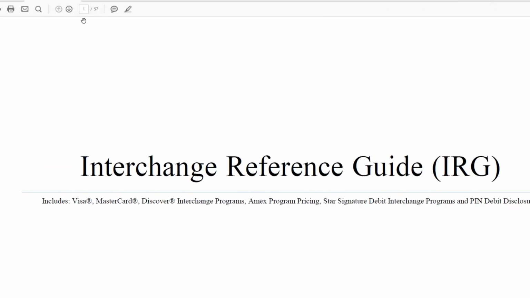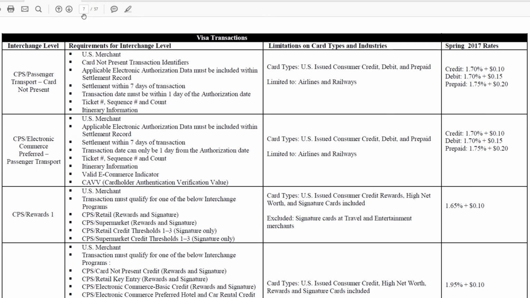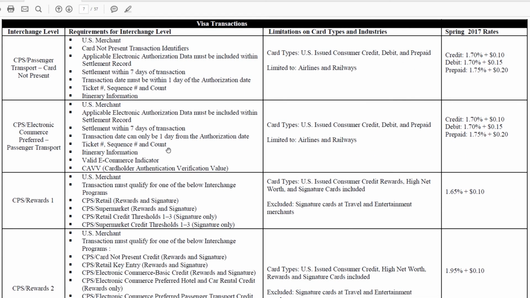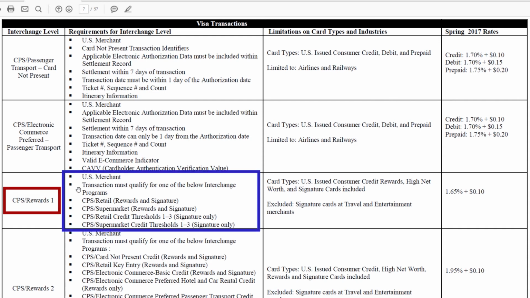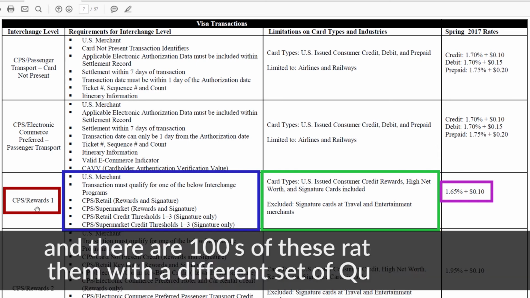So here's the posted interchange rate table from Visa, and in this schedule of fees, you can see that CPS Rewards 1 category right here. The chart gives you requirements for the interchange category, limitations on card types and industries, and then the associated rate for that category. These rates, again, are what show up on your statement, just like in the example that we just went through, and, quote-unquote, passed through to you from the merchant account processor.